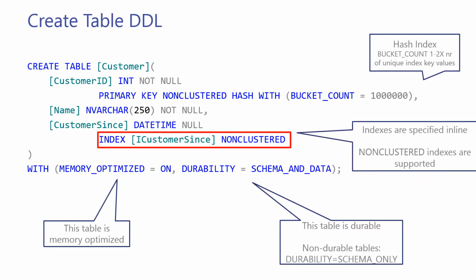Then the second thing you may see here is that we have this index specification inline. So we added the capability to specify indexes within the create table statement. And in fact, with memory optimized tables, you are required to specify the indexes when you create the table, because the index data structures are tightly coupled to the actual table data. And you'll see here the second type of index we support for memory optimized tables, which is the basic non-clustered index.